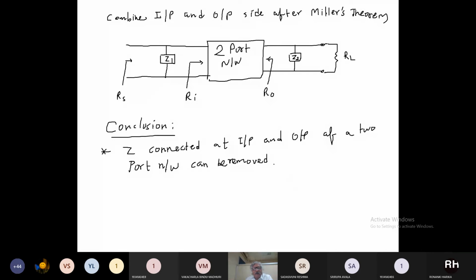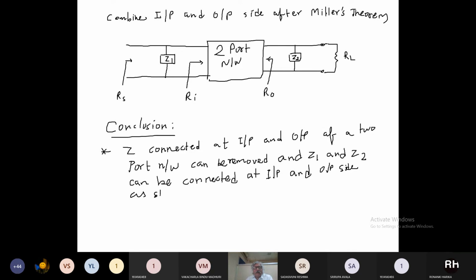And once we remove it, Z1 and Z2 can be connected at the input and output side, as shown in figure 2.